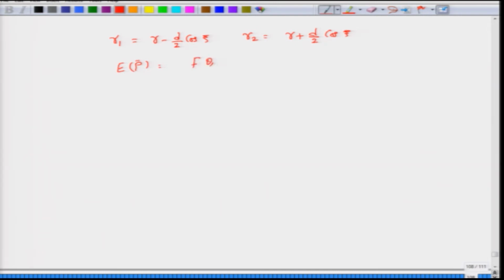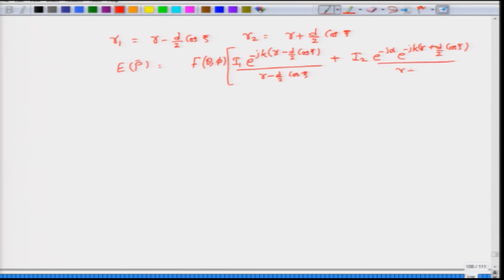So, the antenna pattern is f of theta phi, and then you have e power minus j k (R minus d by 2 cos zeta) I1 current here, plus I2 e power minus j alpha e power minus j k (R plus d by 2 cos zeta), divided by R minus d by 2 cos zeta and R plus d by 2 cos zeta respectively. So, this is the expression, right.